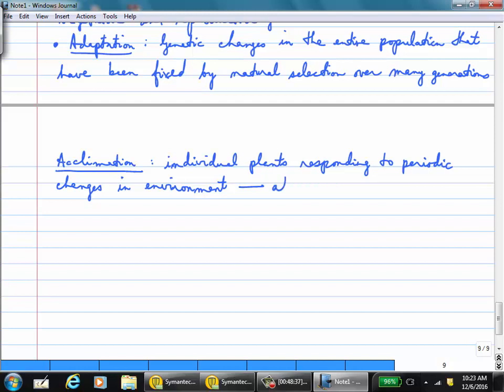So this can alter either the physiology of the plant or form, that is morphology.